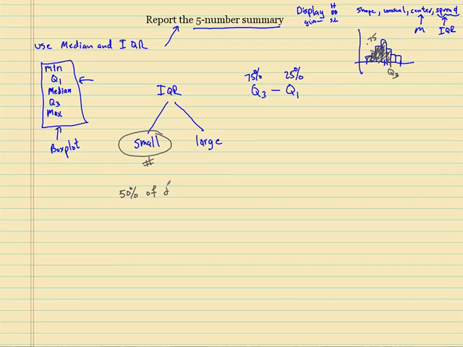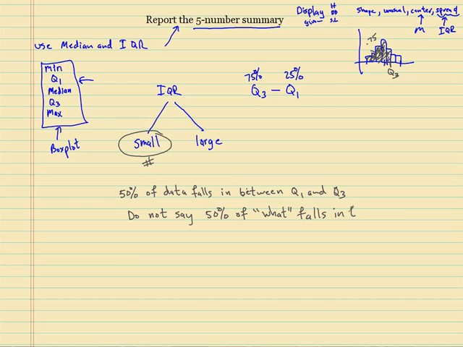The IQR: 50% of your data falls between, don't say falls in this range. Do not say 50% of whatever you're measuring falls in this range.